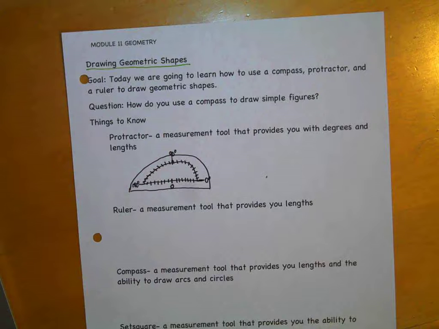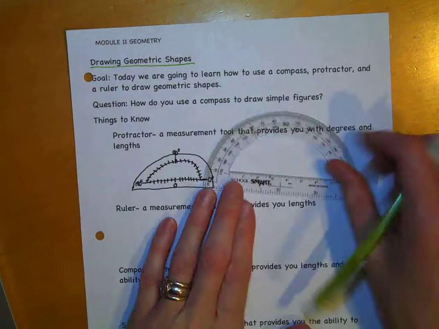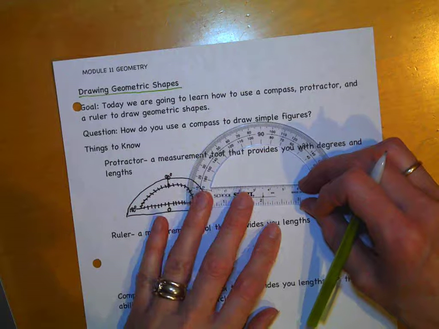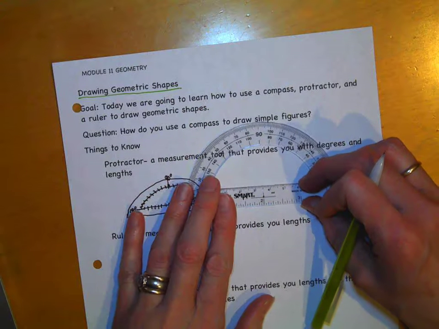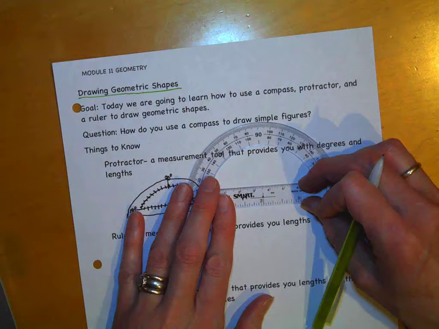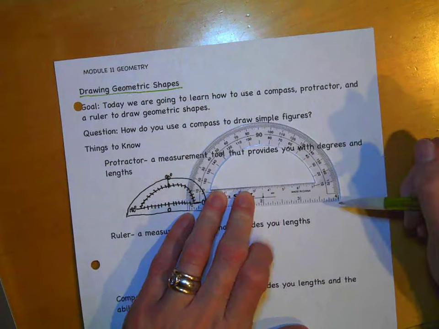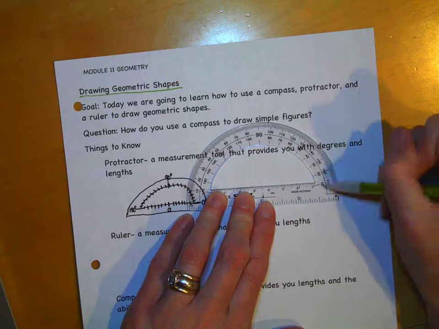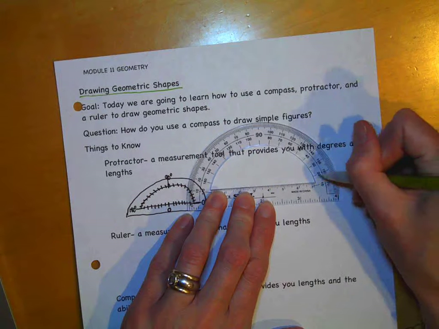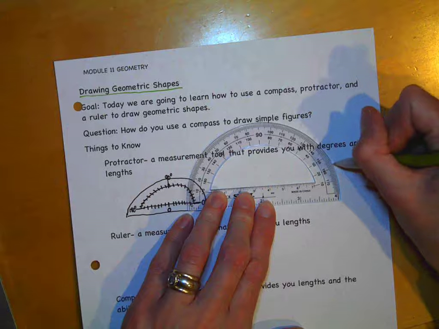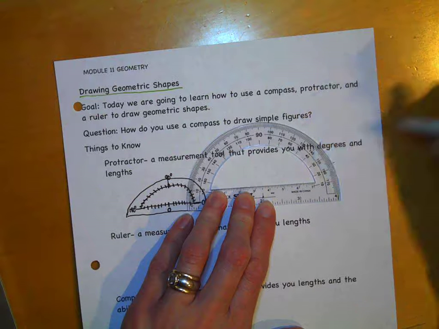Right here, I know it's hard to see, is the 0 spot. You want to line it up so that you have a straight line. If I need 23 degrees, it starts counting here: here's our 10, here's our 20, here's our 30. So 20, 21, 22, 23, and 23 sits about there.